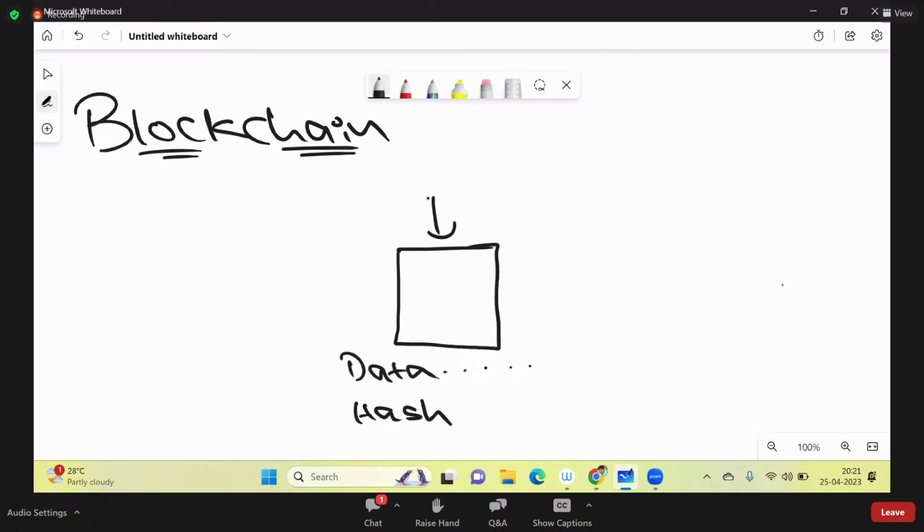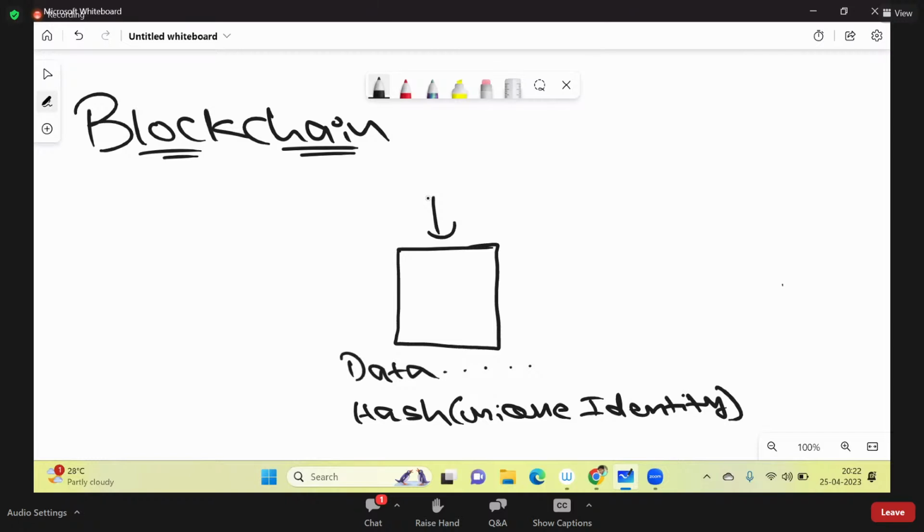So whenever you see a block, every block will have its own unique identity, which we call a hash. So hash here is nothing but a unique identity for a corresponding block. You can correlate this with your fingerprint. How you have your fingerprint as a unique identity for yourself, in the same way, every block will have its own fingerprint or its own unique identity, which we generally call a hash.